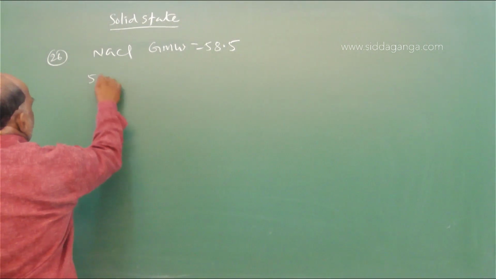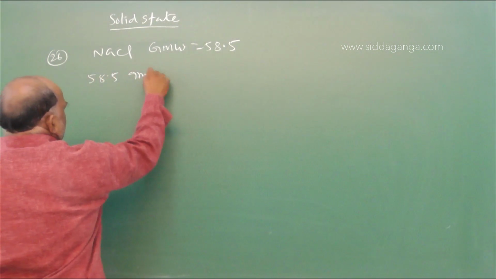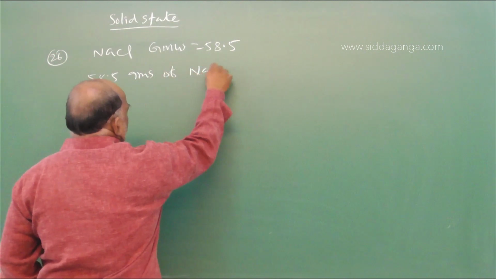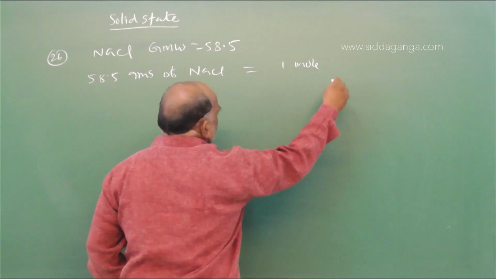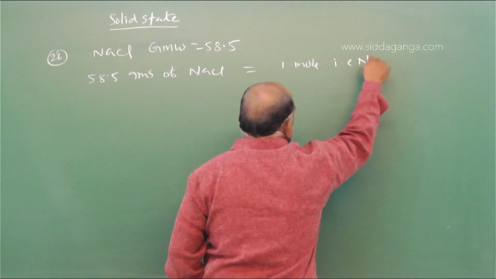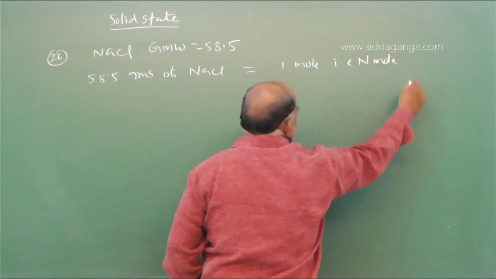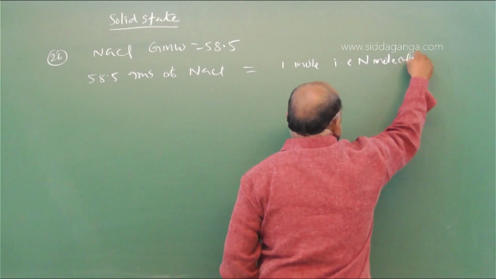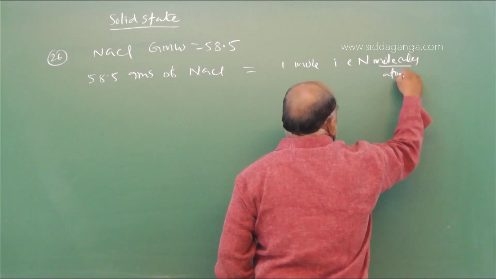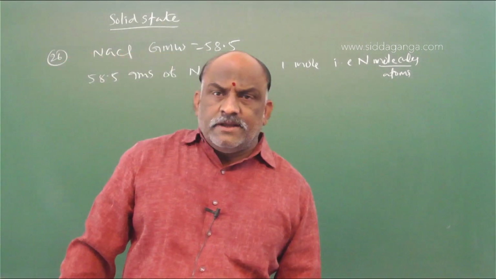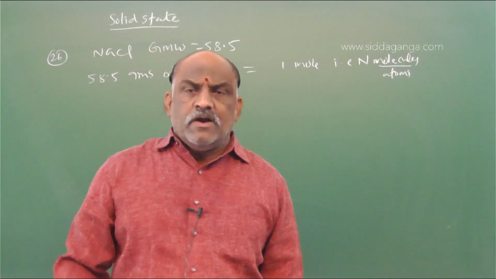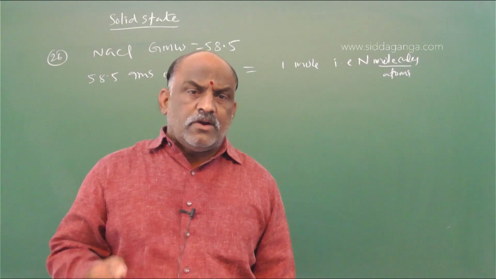So 58.5 grams of sodium chloride is equal to 1 mole. 1 mole is nothing but Avogadro number of atoms, Avogadro number of molecules, Avogadro number of ions.